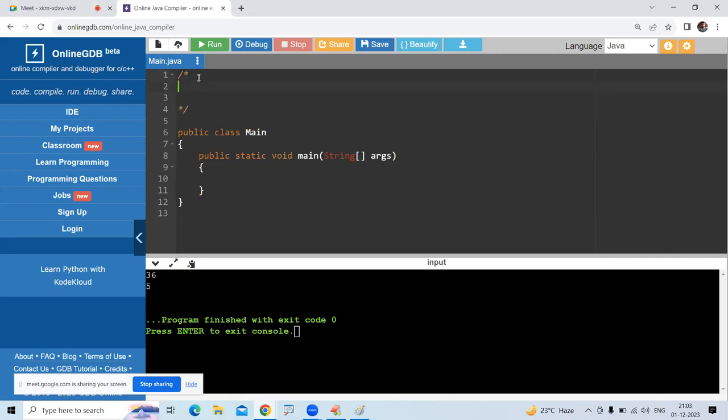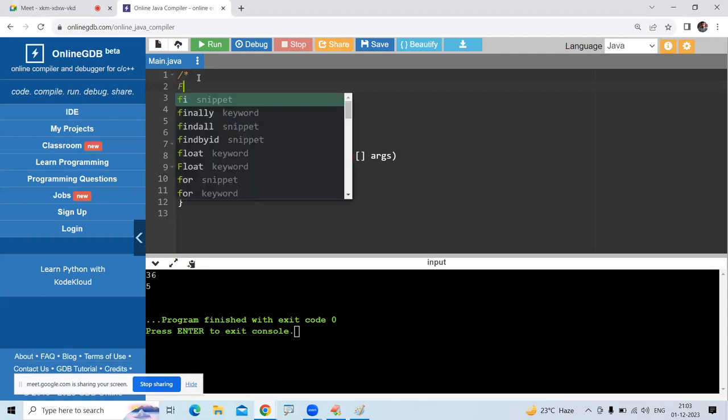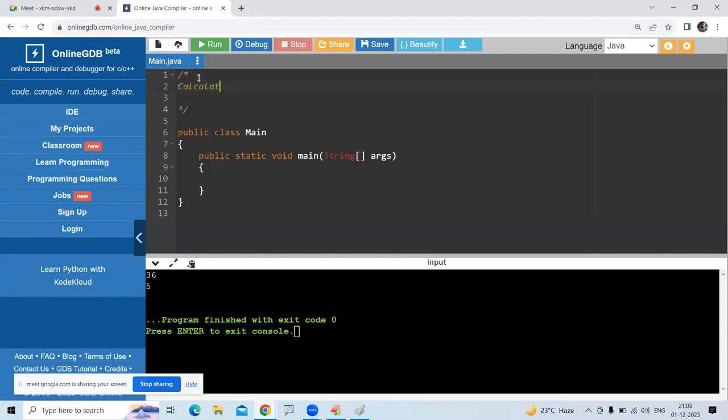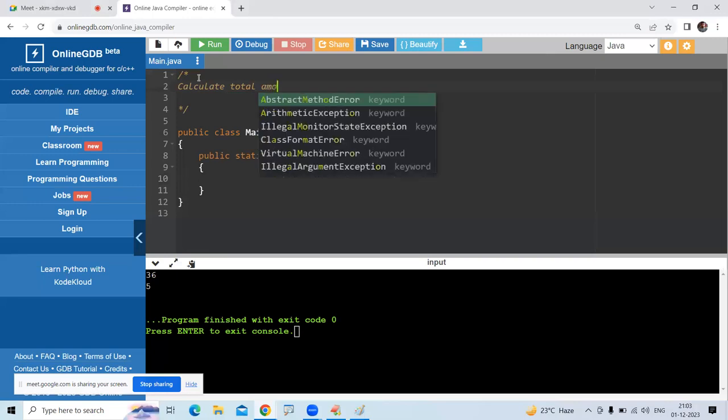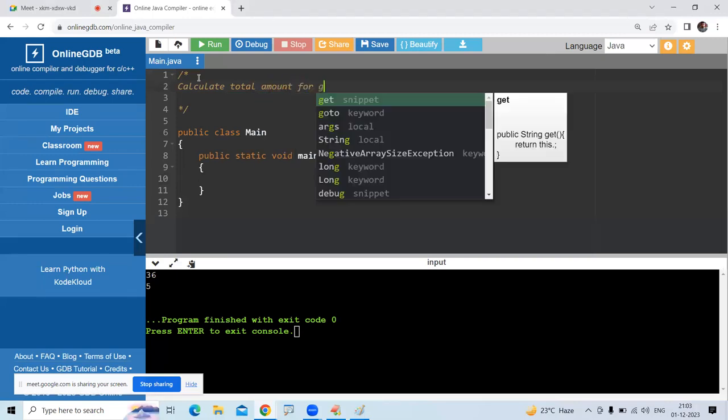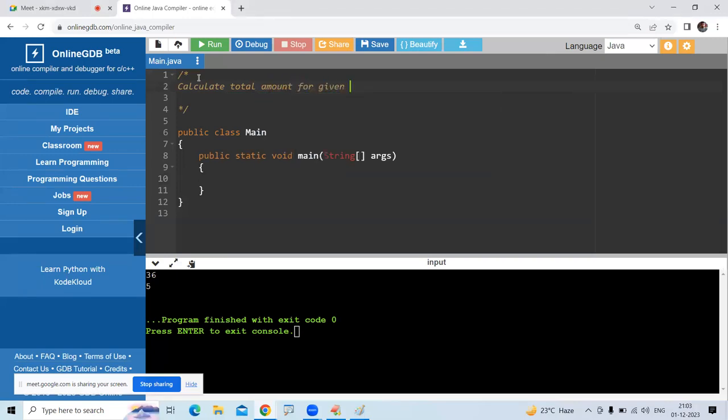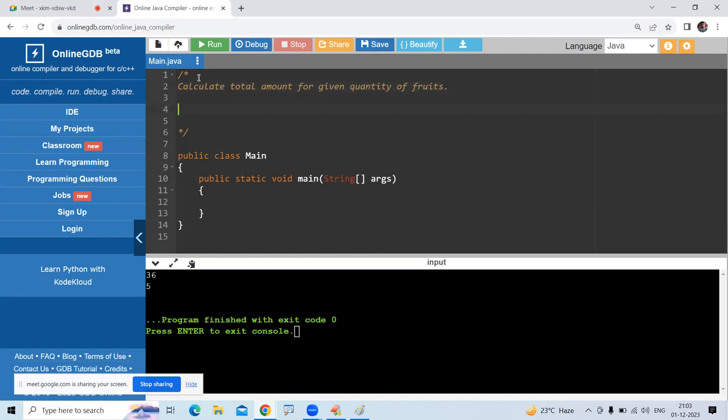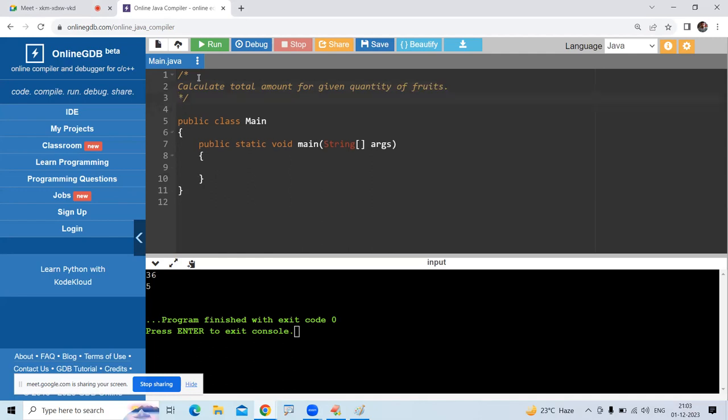The first code is, just find or calculate the total amount for given quantity of fruits. Suppose, consider how many fruits were purchased.